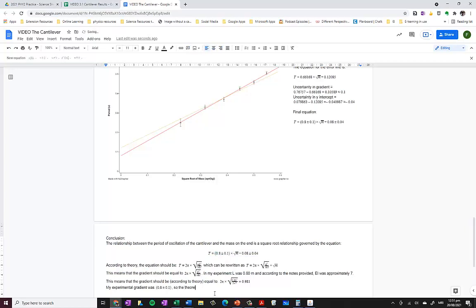So the theoretical gradient does not lie within the uncertainty of my experimental gradient. I will discuss this later.